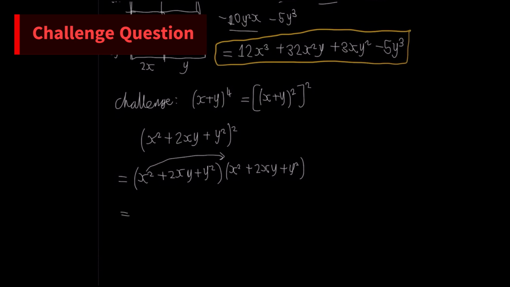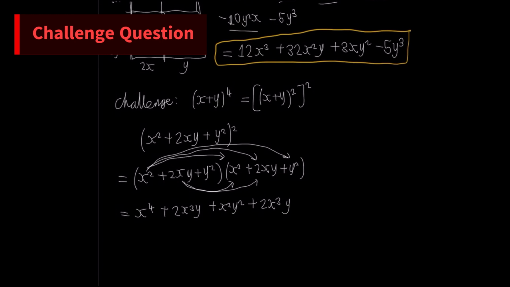So let's start with x squared times x squared, which is x to the 4. We'll do x squared times 2xy, which is 2x cubed y. Then x squared times y squared, which is just x squared y squared. Move on to the next term. Now we have 2xy times x squared, which is plus 2x cubed y. Then we have 2xy times 2xy, 2xy all squared, which is 4x squared y squared.